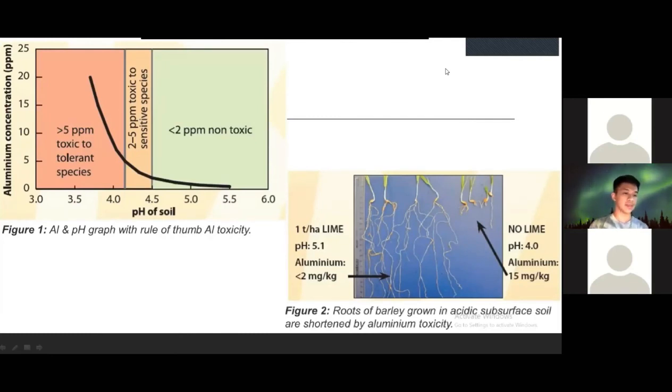In Figure 2, it shows the difference of roots. The one has aluminum of 2 milligrams per kilogram, and the other one has aluminum of 15 milligrams per kilogram.